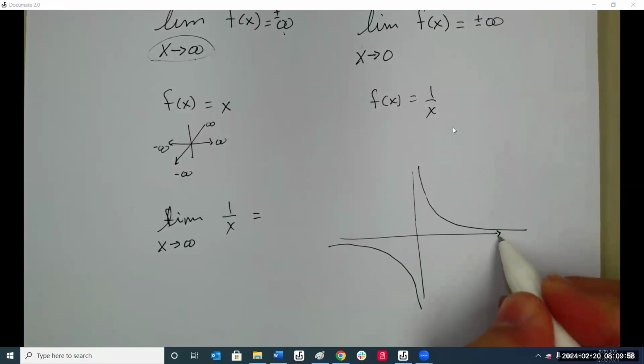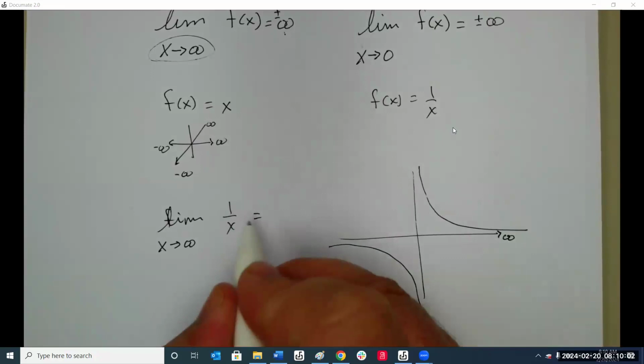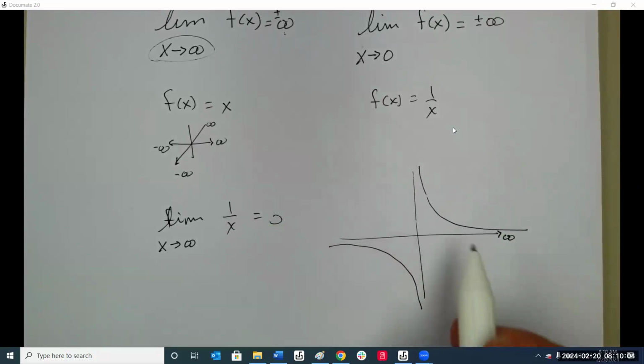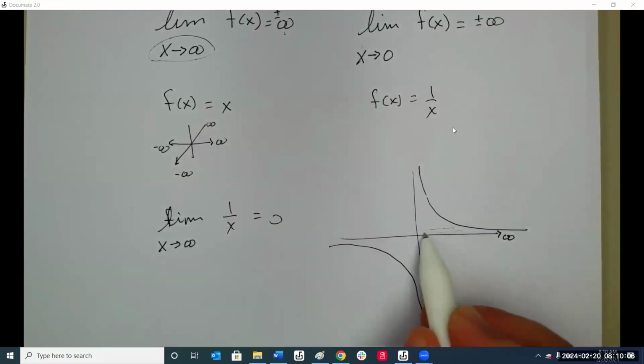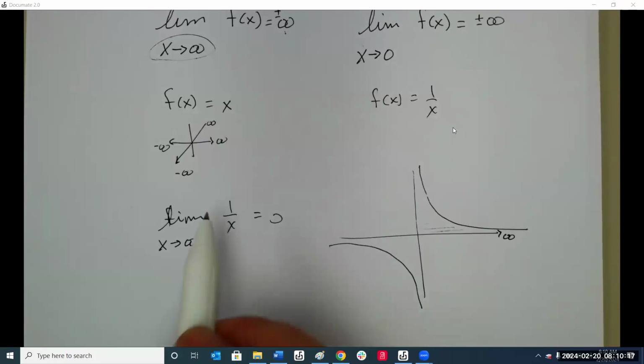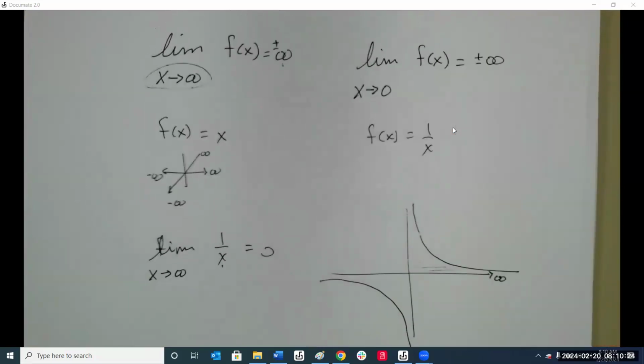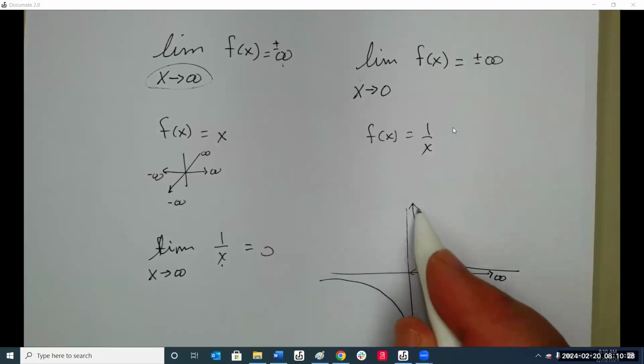As x goes to infinity, where does y approach? It gets lower and lower and infinitely lower and approaches zero but never gets to it. So as x goes to infinity in this function, it goes to zero. But as x goes to zero, the function goes to infinity. The closer we get to zero, the higher the function gets.